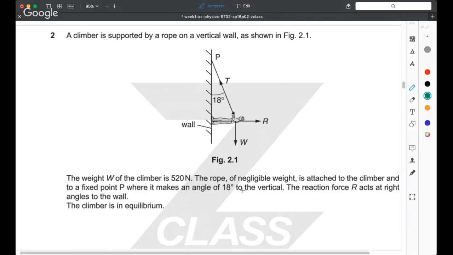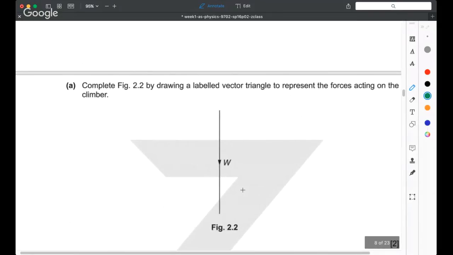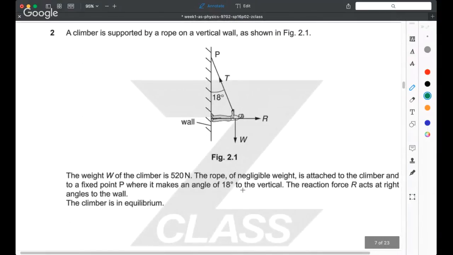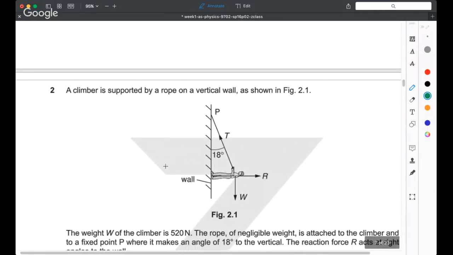Second, how did you solve this one? What's the question? There's no question yet. Draw a labeled vector triangle to represent the forces acting on the climber. Please draw the forces. Okay, so weight is acting on him, you just draw the forces.